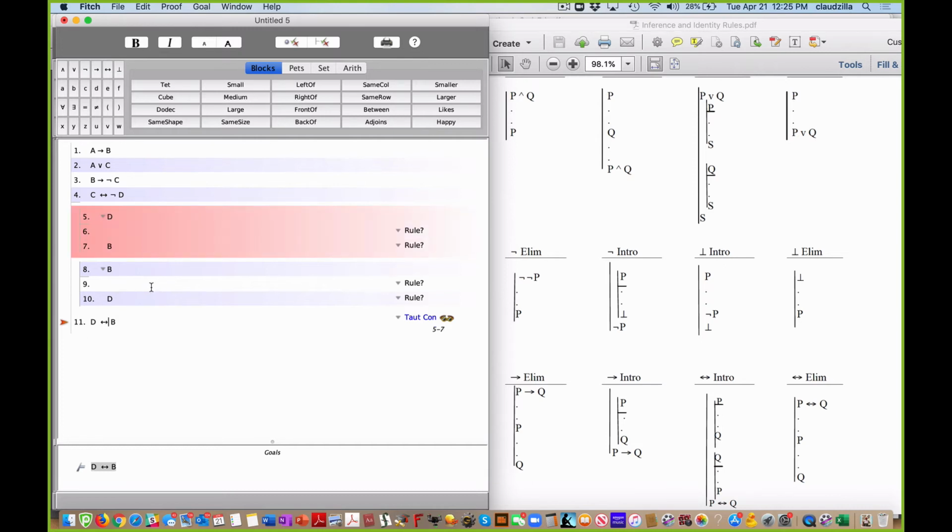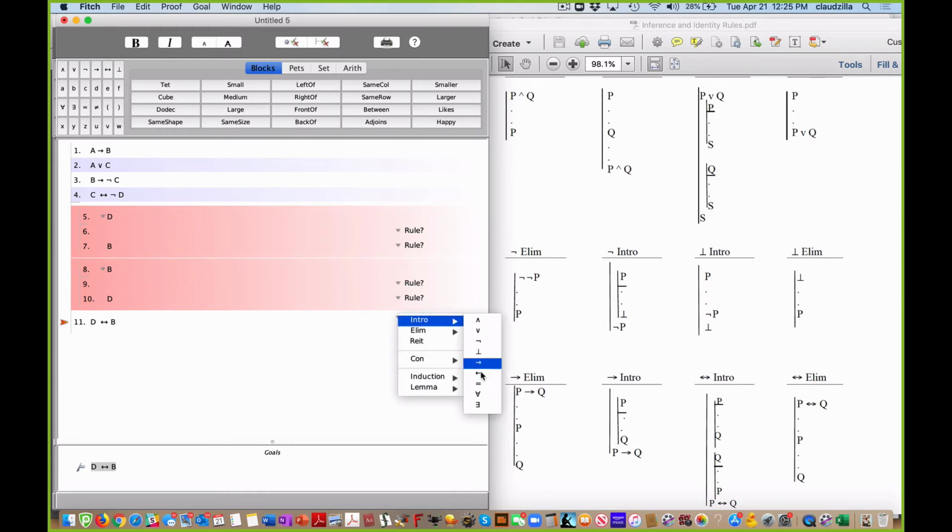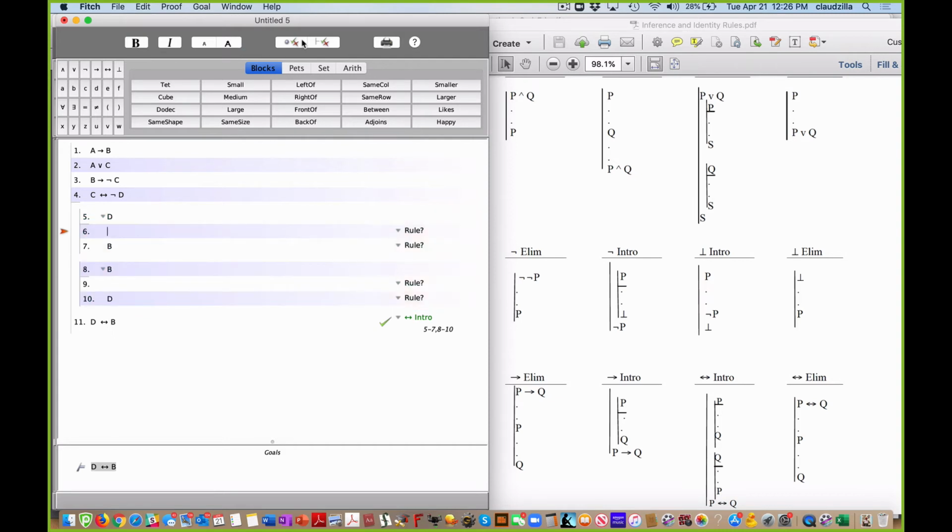Okay, so remember our strategy. When you want to achieve a biconditional, set up biconditional intro. Check to make sure we've set things up right. Now let's take a look at what we've got. We have an arrow we want to dismantle. How do we dismantle that arrow? By getting A. So I'm going to put over here, I need A. Line 2, I have a disjunction.